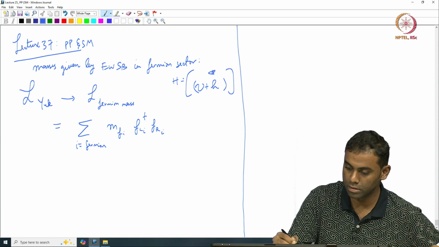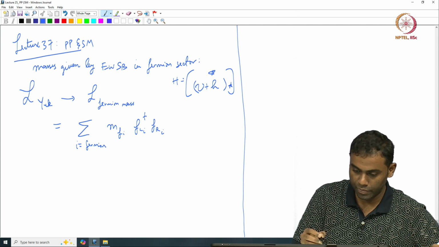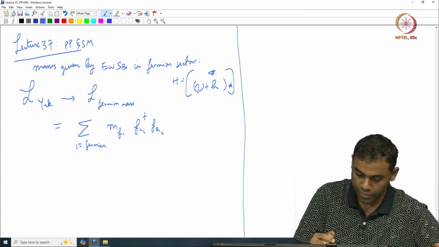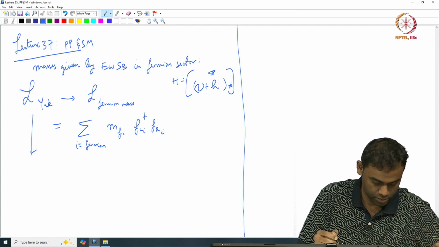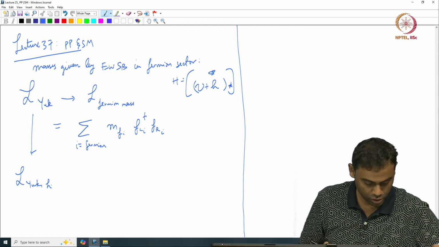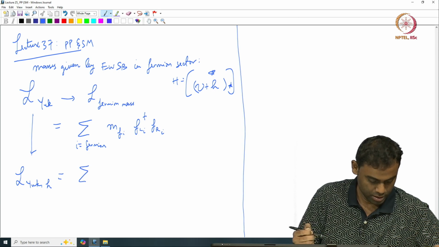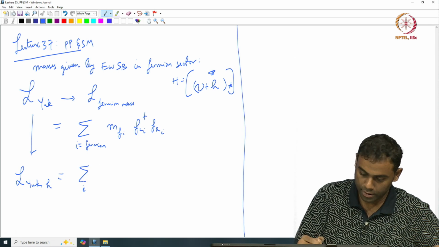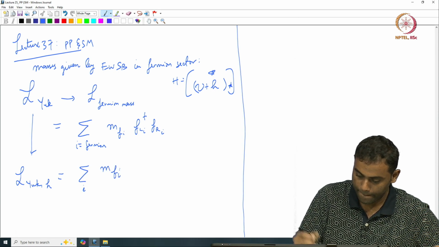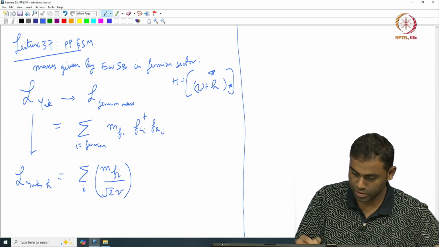So this would also give rise to a Yukawa sector for now the Higgs boson, not the Higgs doublet, that would look like this.